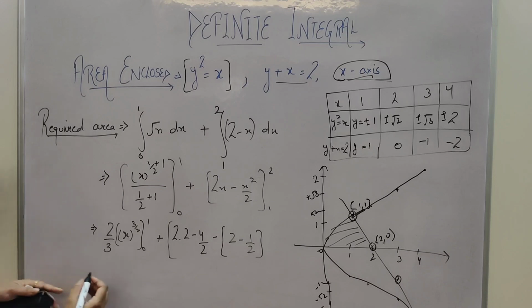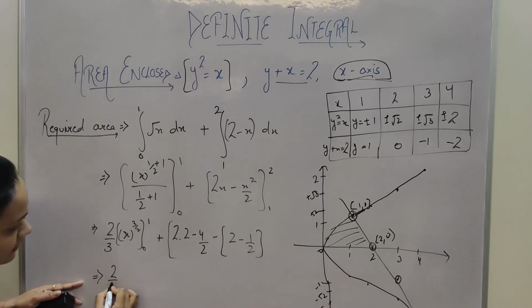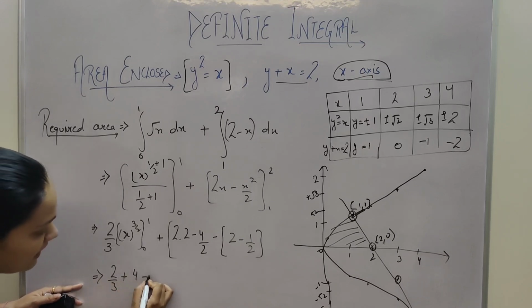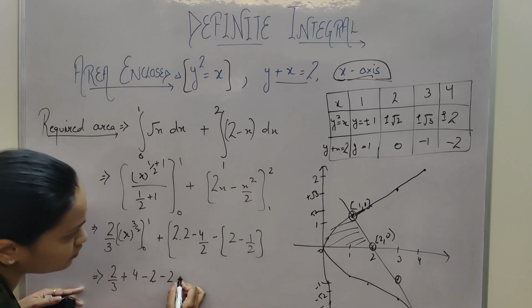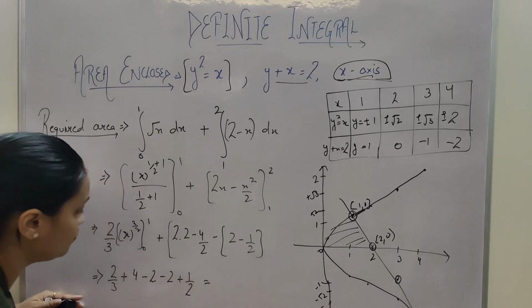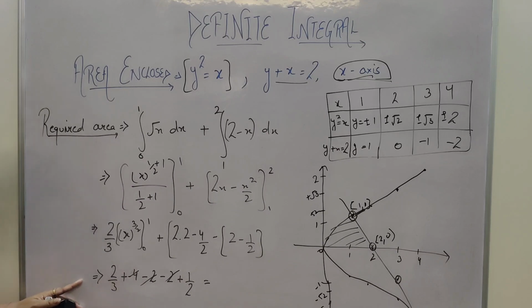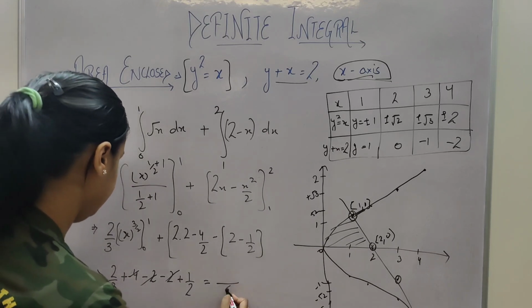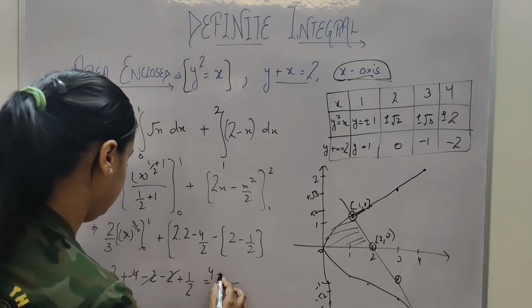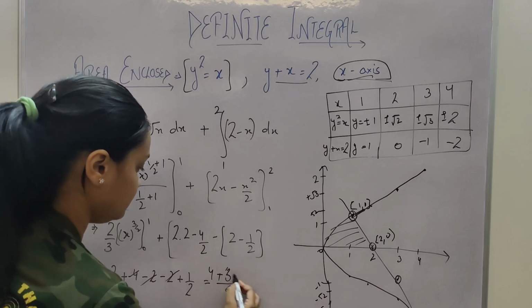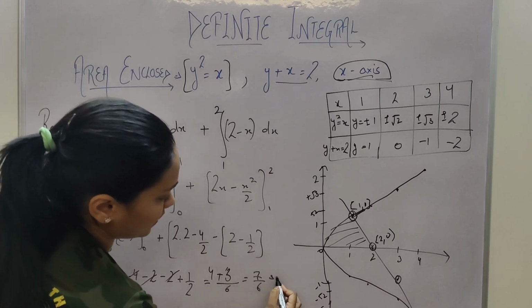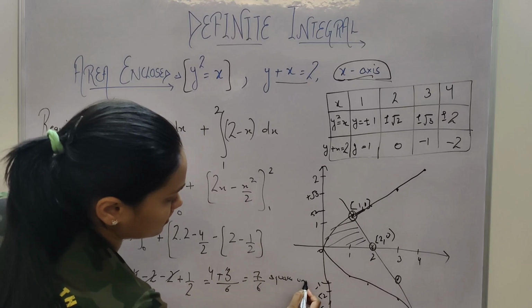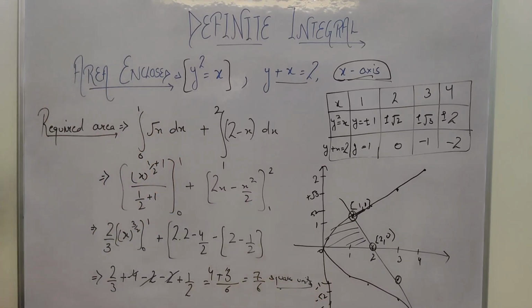Clearly, here comes 2 by 3 plus 4 minus 2 plus 1 by 2. The value comes 7 upon 6 square unit.